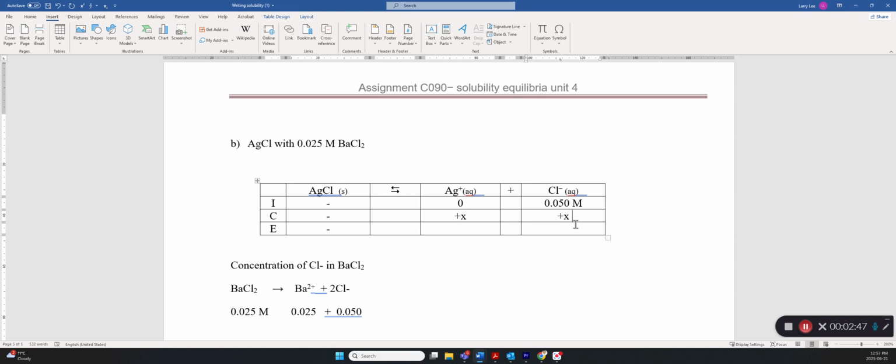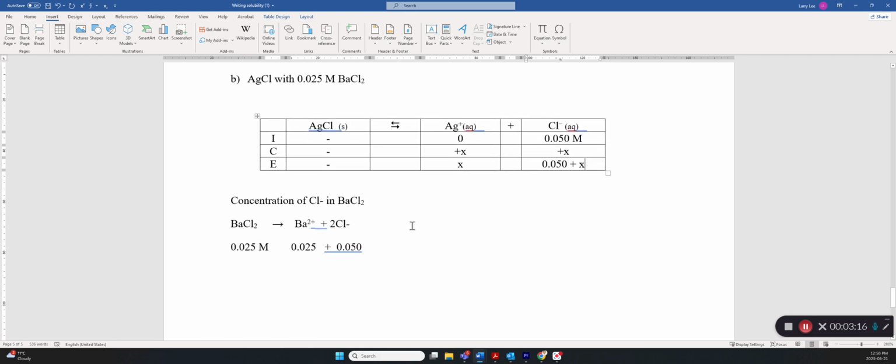The amount of silver chloride that dissociates, the change, will be plus X for silver and also for chloride. Now the equilibrium will be X and 0.050 plus X because of the initial amount. This initial plus the change will give you the equilibrium.